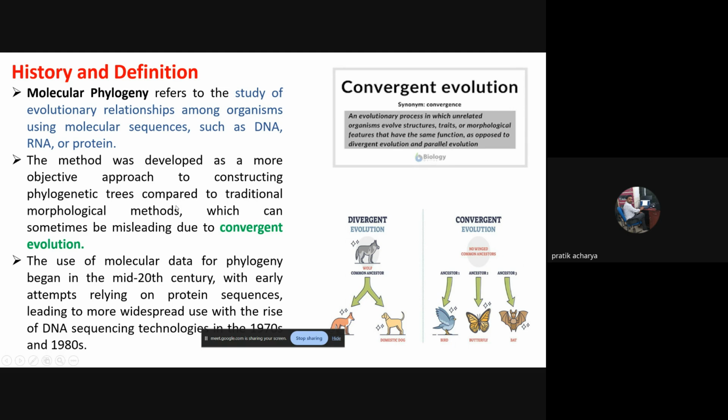The use of molecular data for phylogeny began in the mid 20th century, with early attempts relying on protein sequences. That means more advanced forms are there by which we can distinguish organisms and get a better idea about their ancestry. So this is all about different definitions and their history.